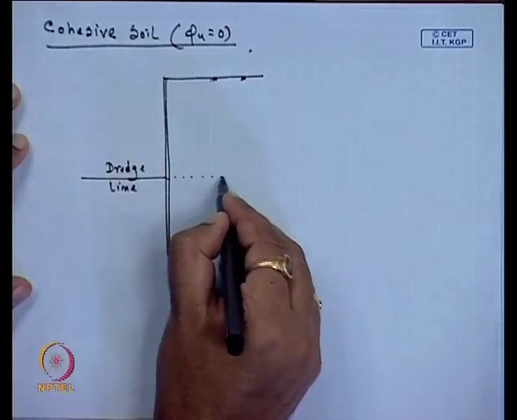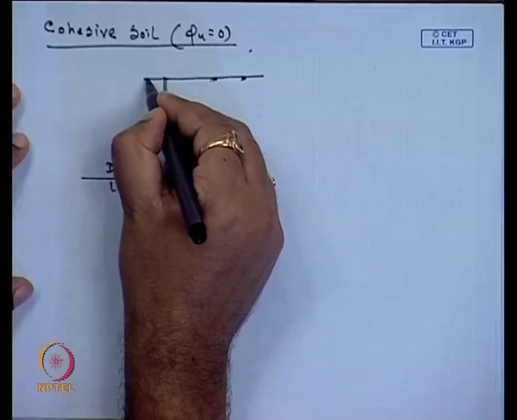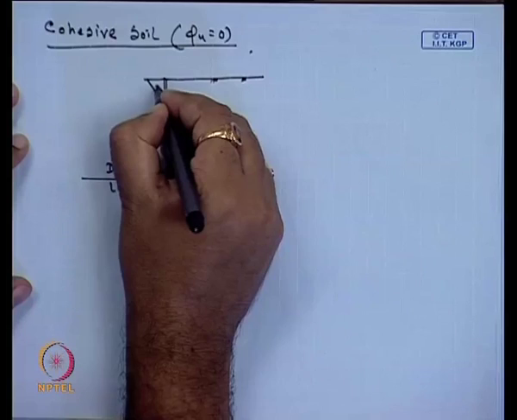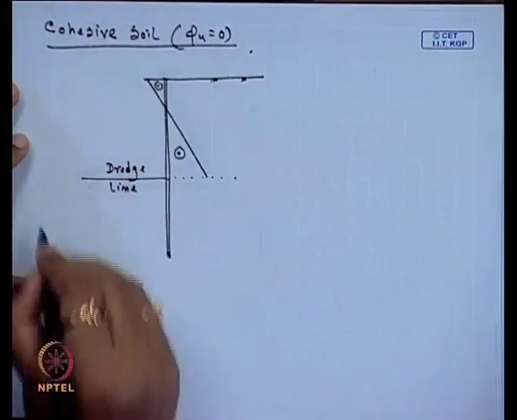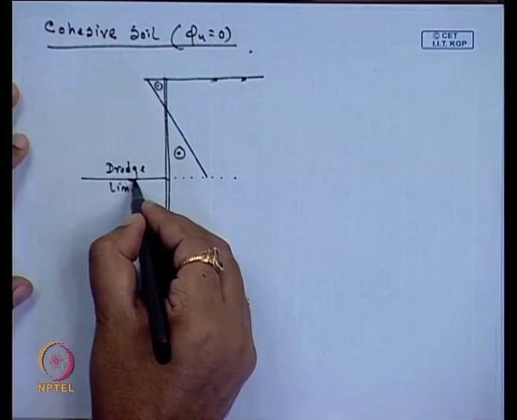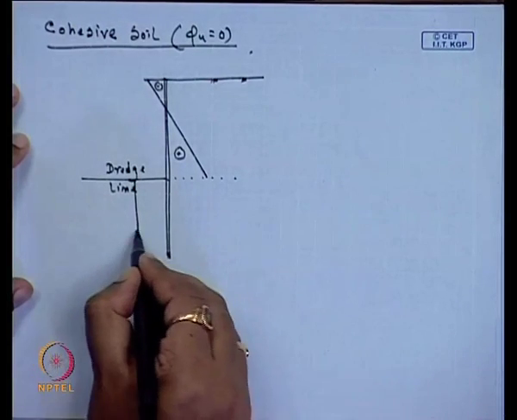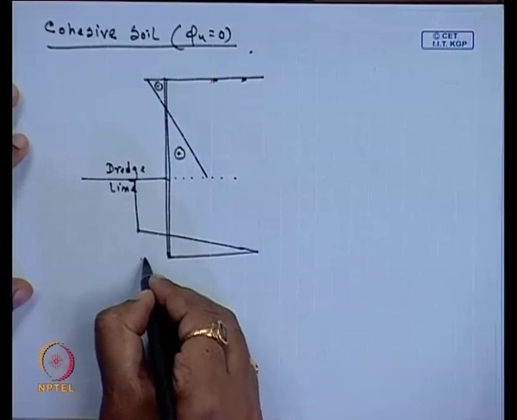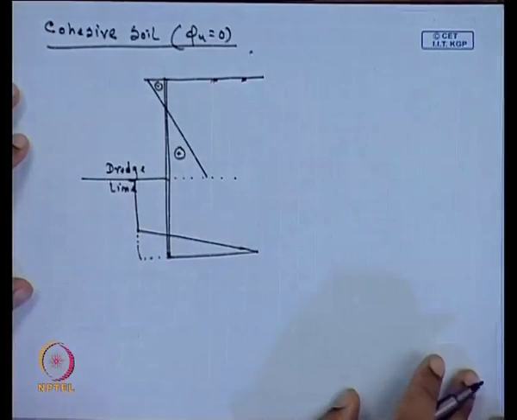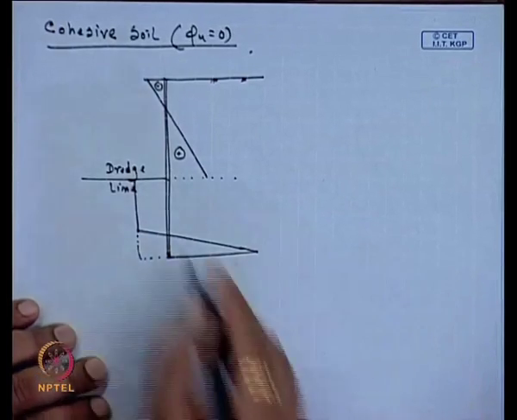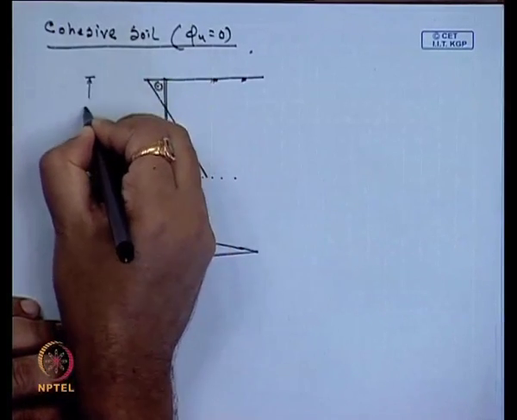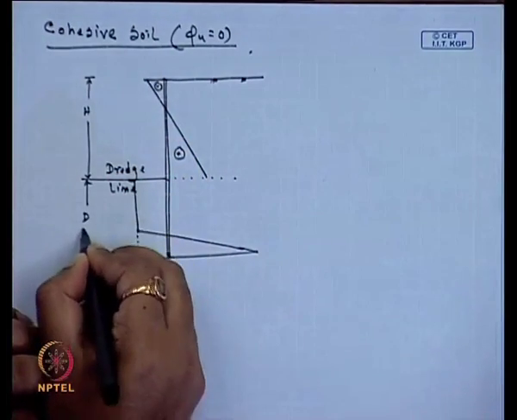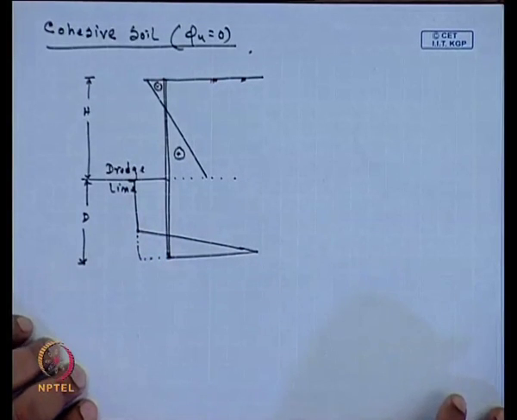So now for the cohesive soil, this will be the pressure diagram. This is minus, this is plus, and from here we will get this type of pressure diagram. Now, why will you get this type of pressure diagram? First we will explain this. This is H, this one is D, this is the depth of the sheet pile.